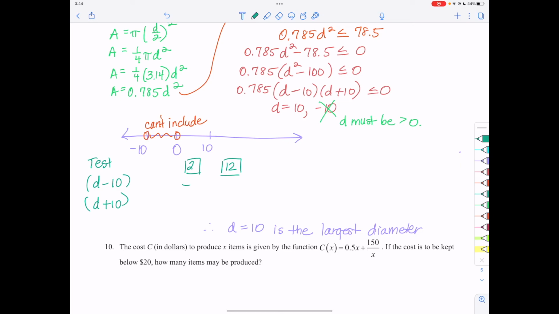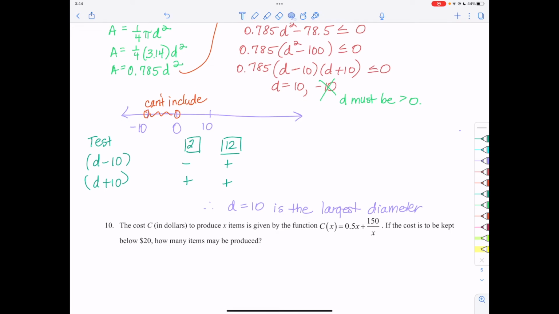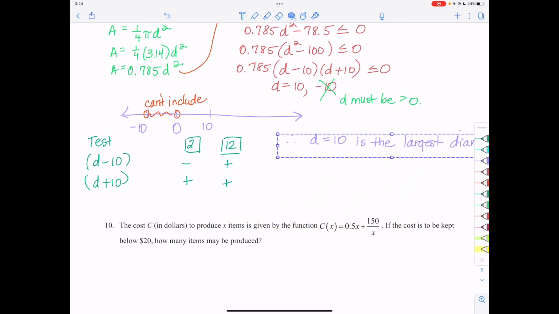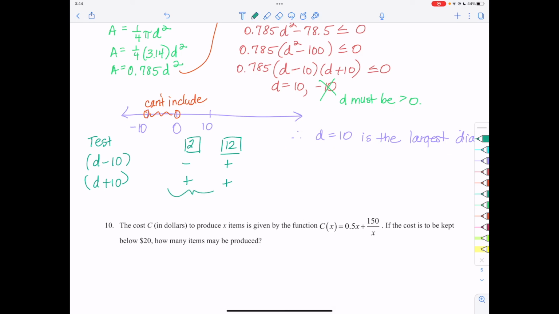Then this would be a negative and a positive, and this would be a positive and a positive. Let me move that over. And then what would we have? This would be a negative, and this would be a positive.